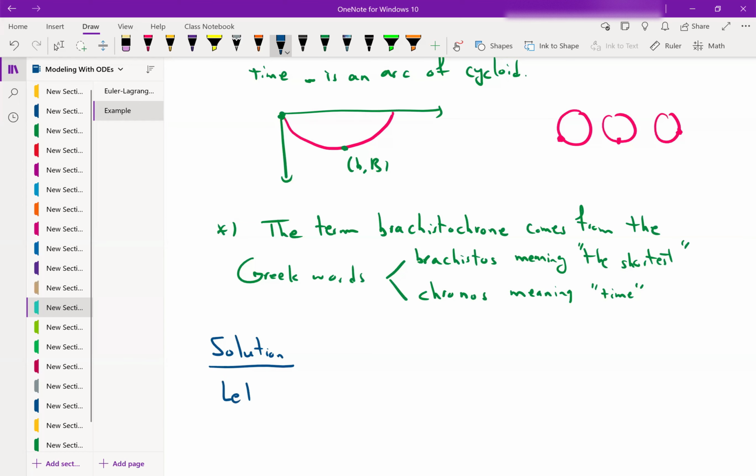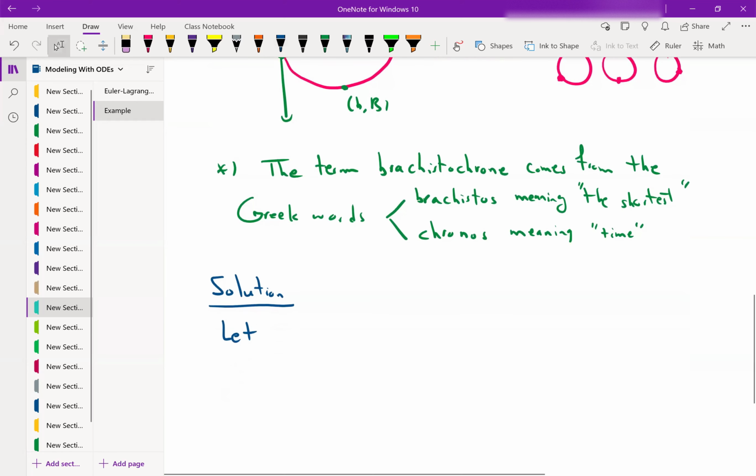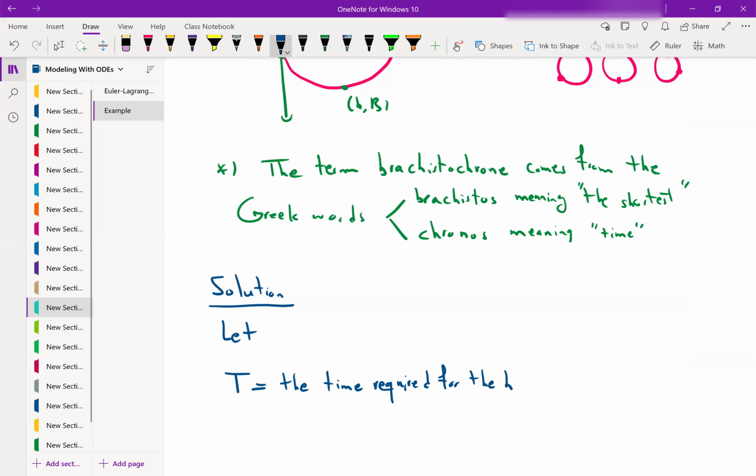So let's introduce our symbols, the quantities of interest. Obviously the main quantity of interest will be this big T. Let big T be the time required for the bead to slide from the origin to the fixed point with coordinates little b, comma, big B. Let me actually draw a picture here again.